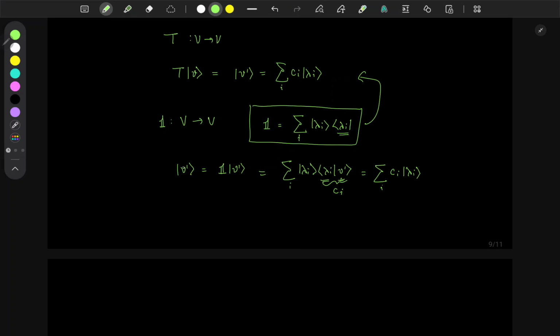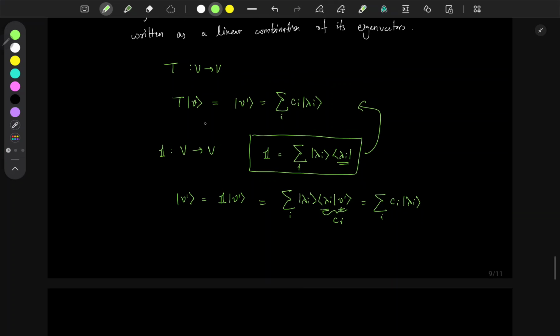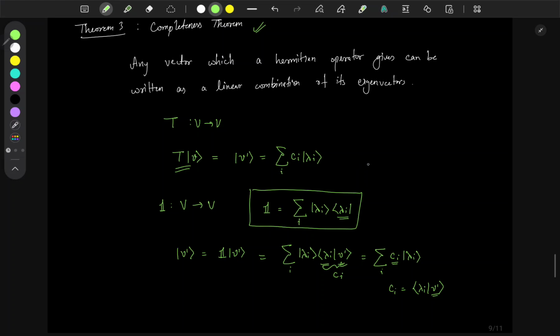So all such vectors which this map T generates can be written as a linear combination of the eigenvectors, and the corresponding coefficient Ci is basically the inner product of lambda i with V. Basically, the projection of this vector V on the eigenvector lambda i gives you that coefficient. So this is the completeness theorem.